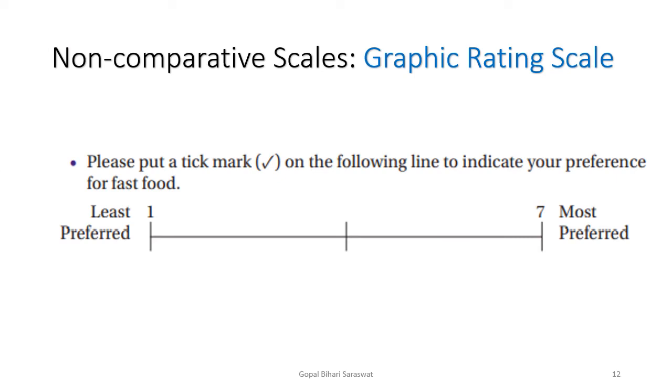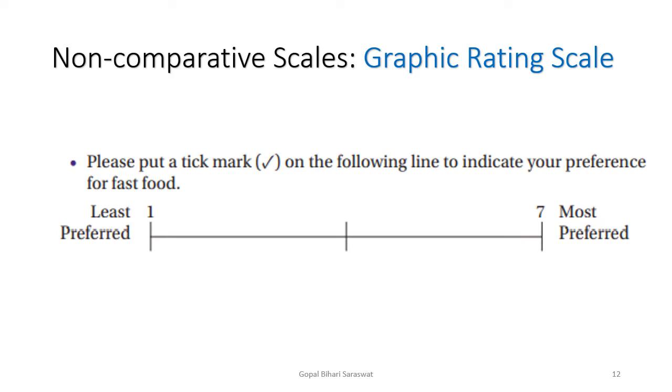Non-comparative scale, on the other hand, includes the graphic rating scale, where least preferred is given value 1 and most preferred is given value 7, and between these two, the midpoint shows the neutral opinion. Like this, we ask our respondents to measure their attitude by scaling this bar either toward the least preferred or the most preferred, as and where they like.